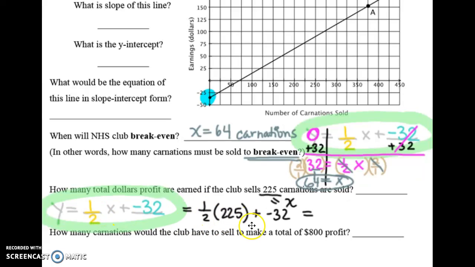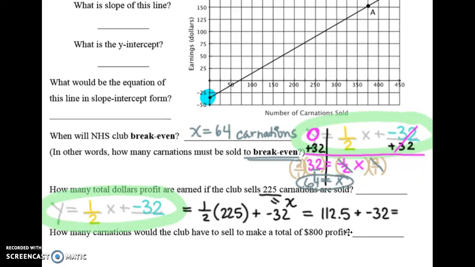So half of 225 plus a negative 32. Half of 225 is 112.5. Plus a negative 32 is the same as subtracting 32. So just remember, you'll have a decimal left over. And that decimal will represent the 50 cents.